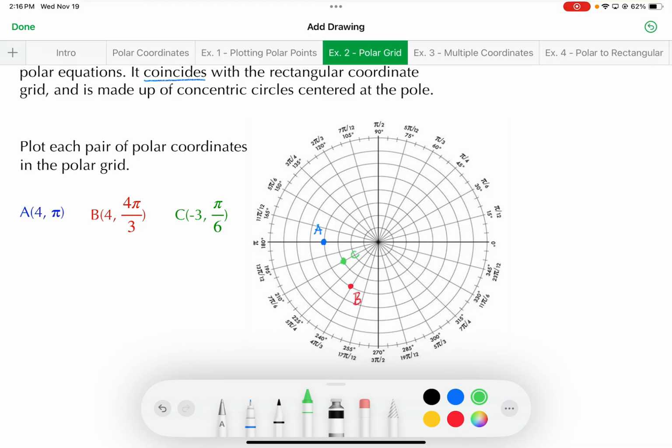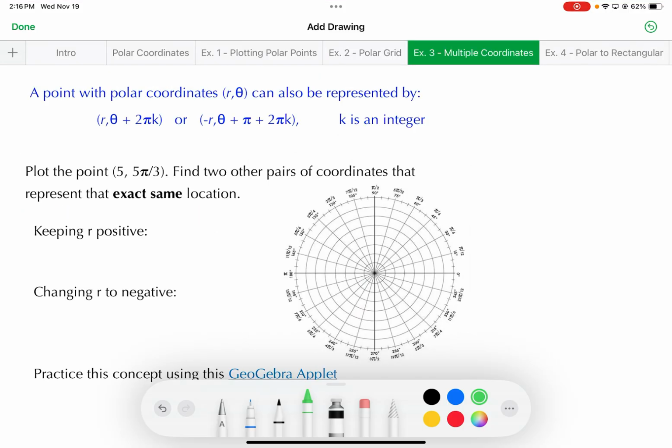Okay, so now let's talk about the fact that we're dealing with angles here. There's an infinite number of coterminal angles that represent the same location. That means that for any point that's given in polar form, there's an infinite number of coordinates that can be used to express that point.